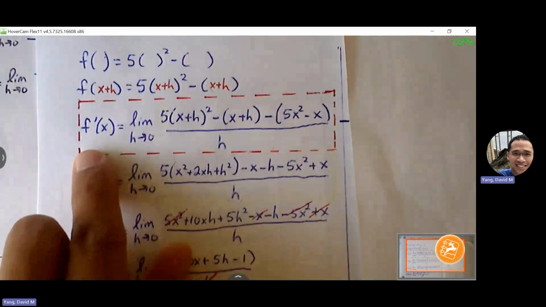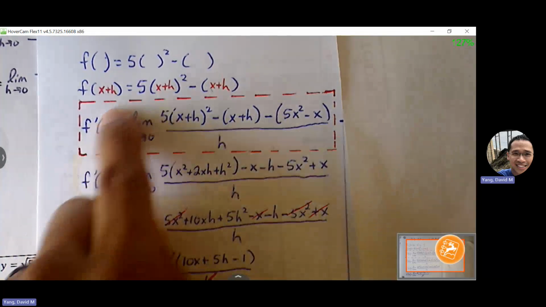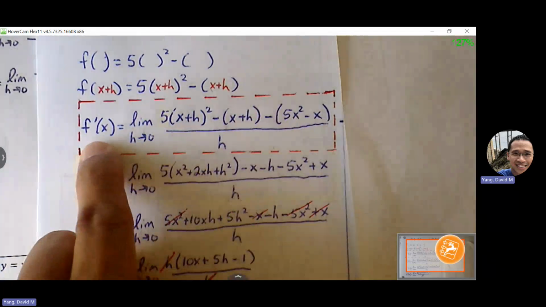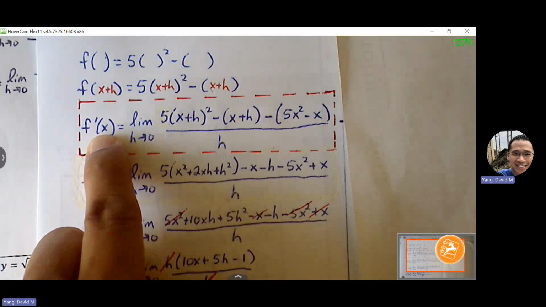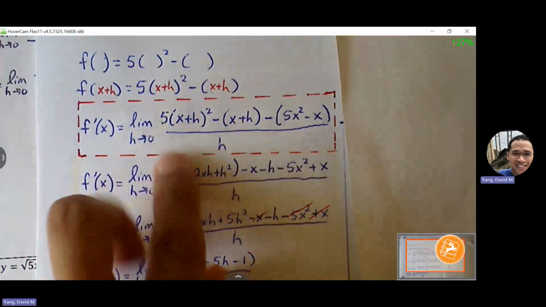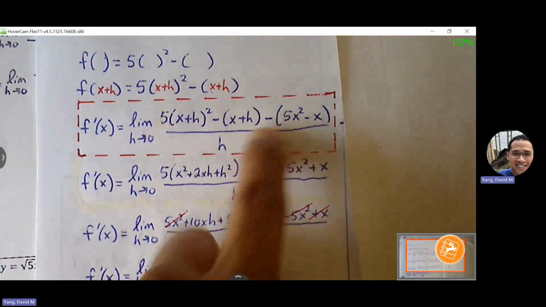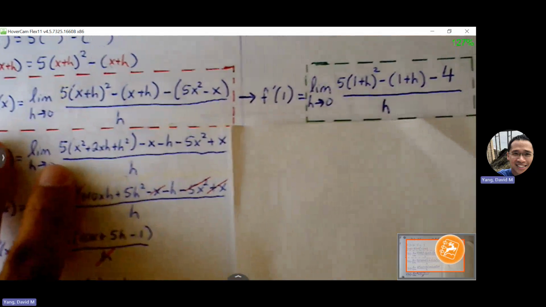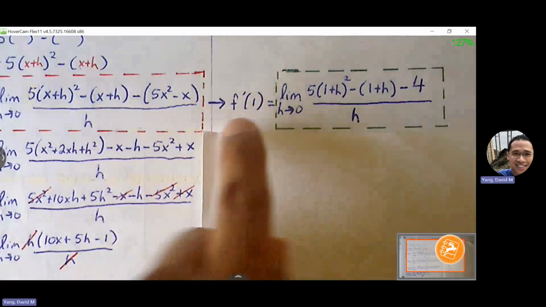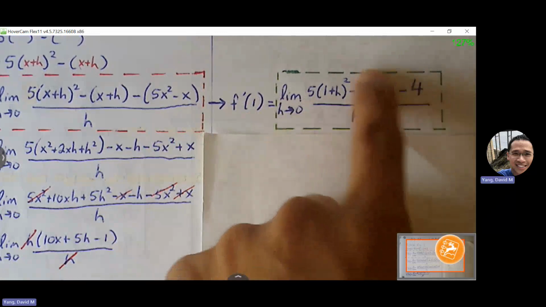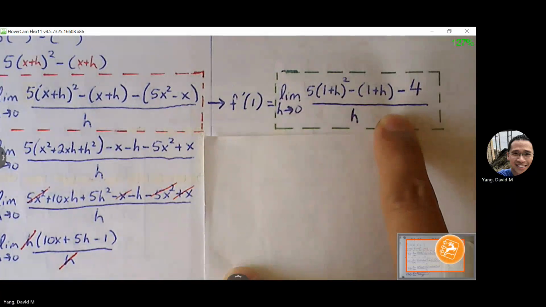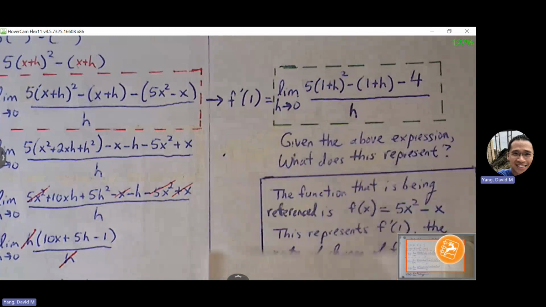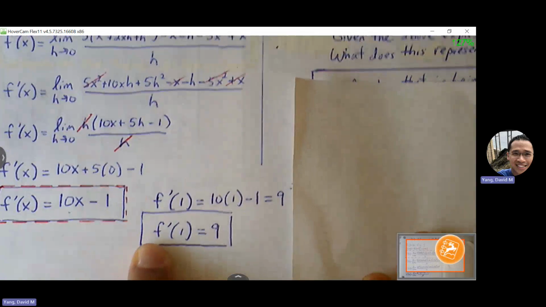Now, what if I wanted to find the slope of the graph, but I wanted to replace all the x's with ones? What would that look like? I'll just replace every x with 1, and it will look like this. Every x gets replaced with 1, so this is the same thing as this.